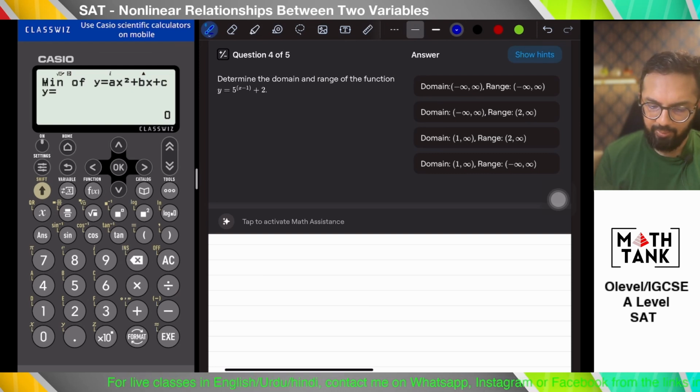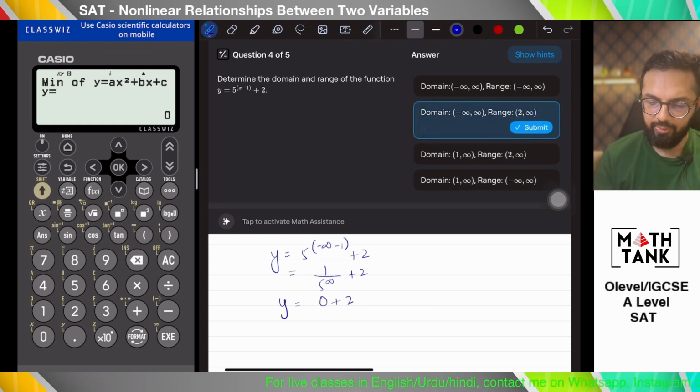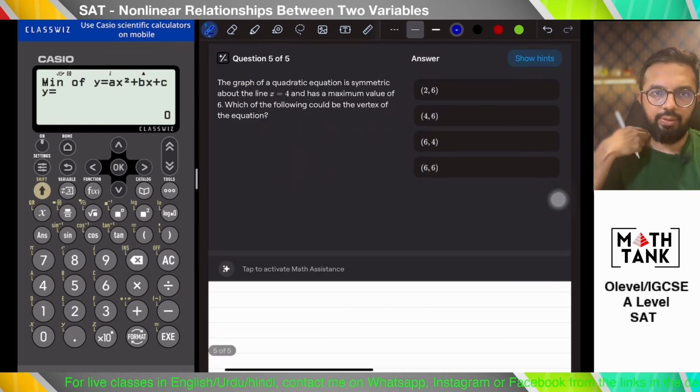So if I were to take this to negative infinity, that would be 1 over positive infinity, and that would be 0 plus 2. So it's starting at 2 and going to infinity. That is the correct answer.